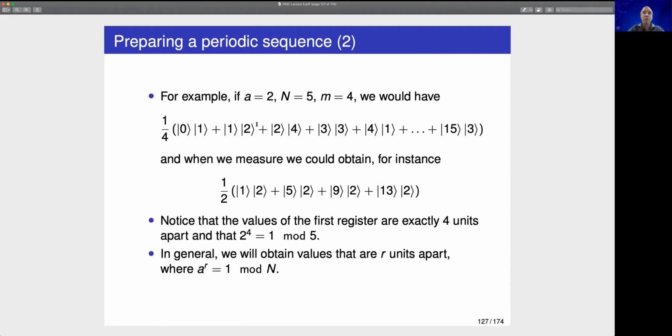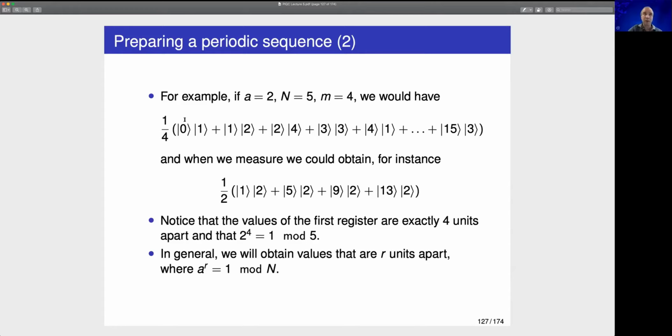So what we construct with the first part of the circuit before we measure is something like this. This is 0, 1, 2, 3, the equal superposition, and each value is entangled with the evaluation of the modular exponentiation.